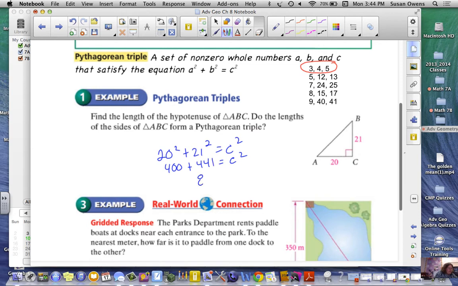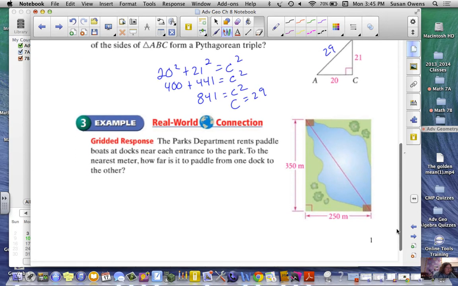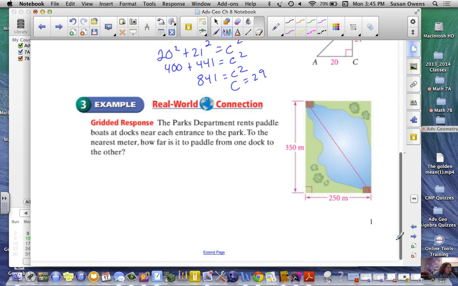Add those together, I get 841 equals c squared. Take the square root of that, and I believe we get 29. So c equals 29. So, yep, this is another Pythagorean triple, 20, 21, 29.